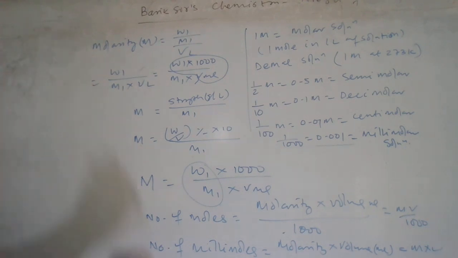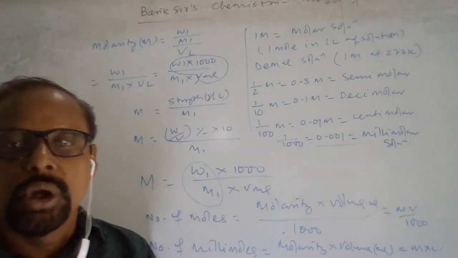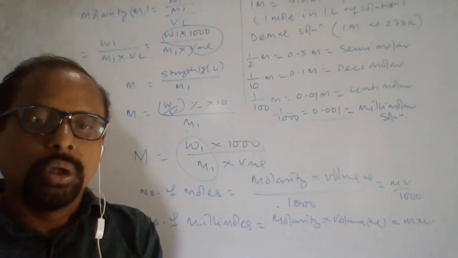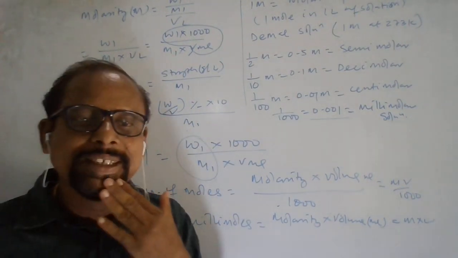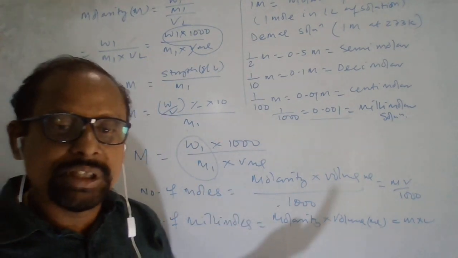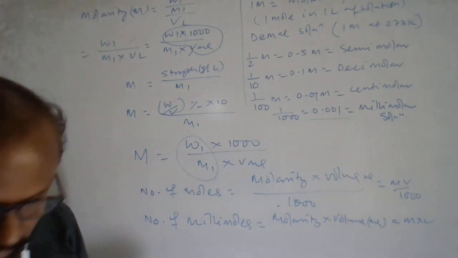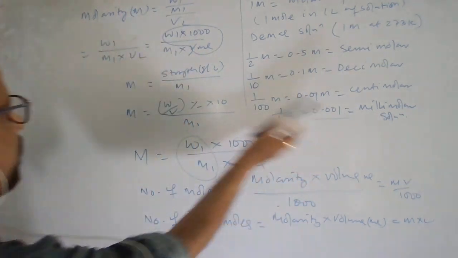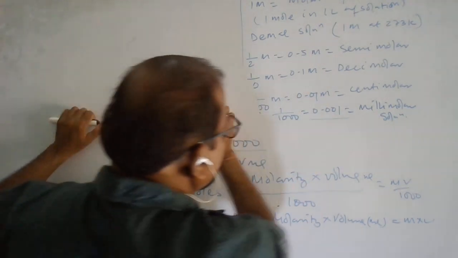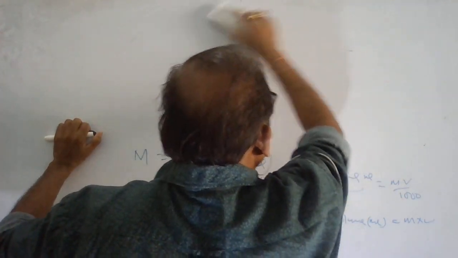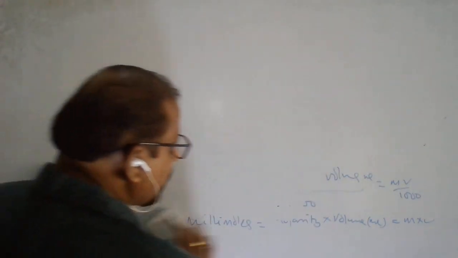From that we can calculate the number of millimoles and number of moles. This way we can solve this type of problems. Let me explain how to solve the problems. I will give some examples so that we will work them out one by one.